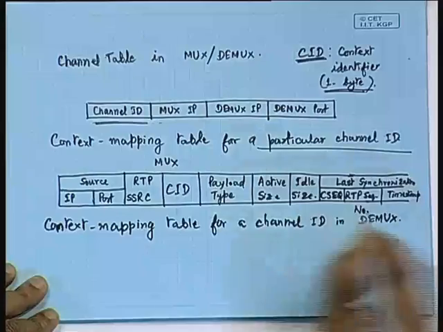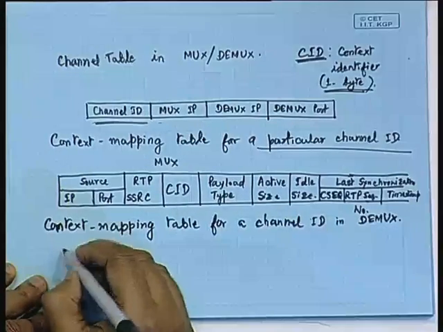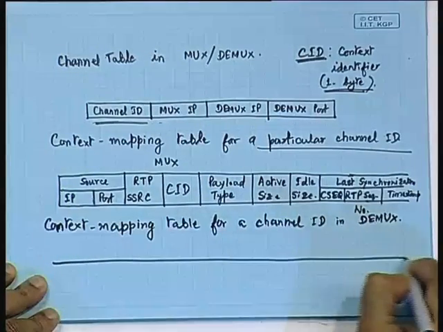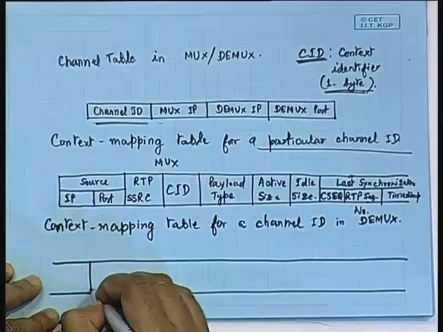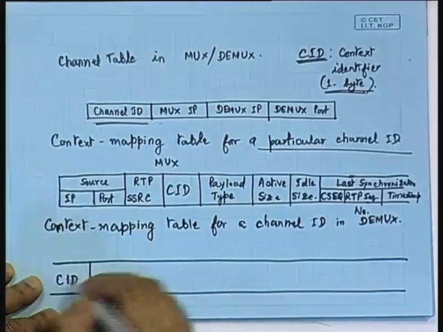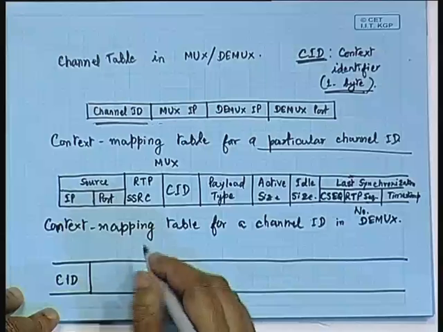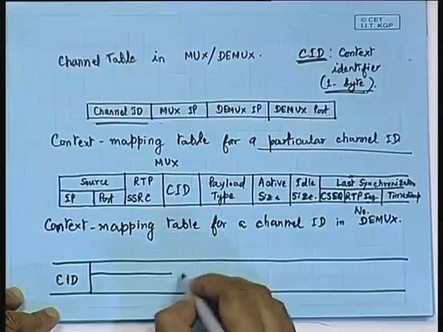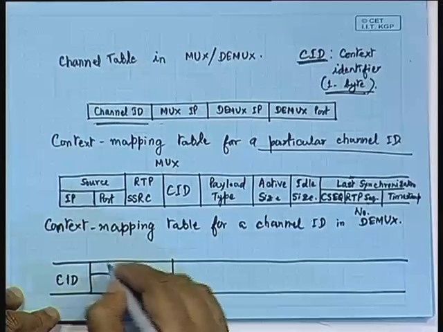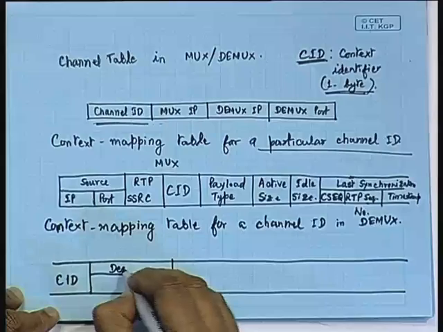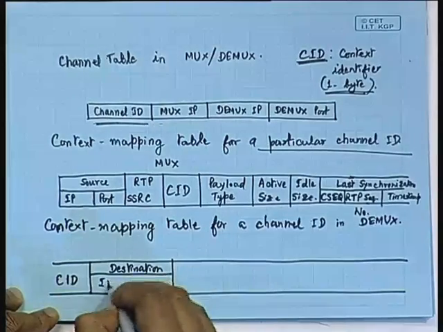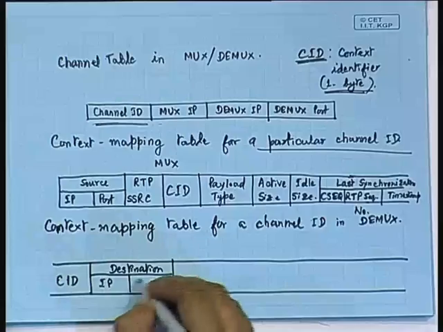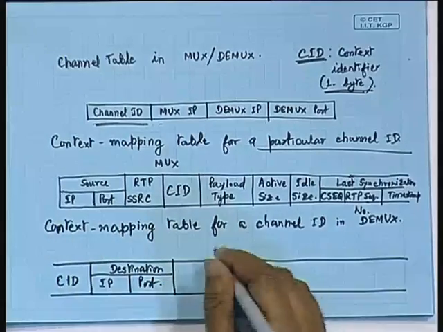So in the demux it has these fields. We won't be concerned with all the fields actually. The CID, this is the essential field which has to be there, and then for the demultiplexer there has to be the destination IP and the port address.